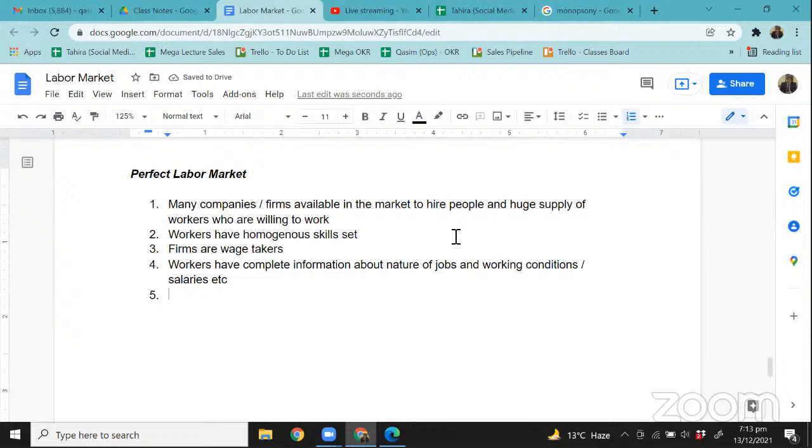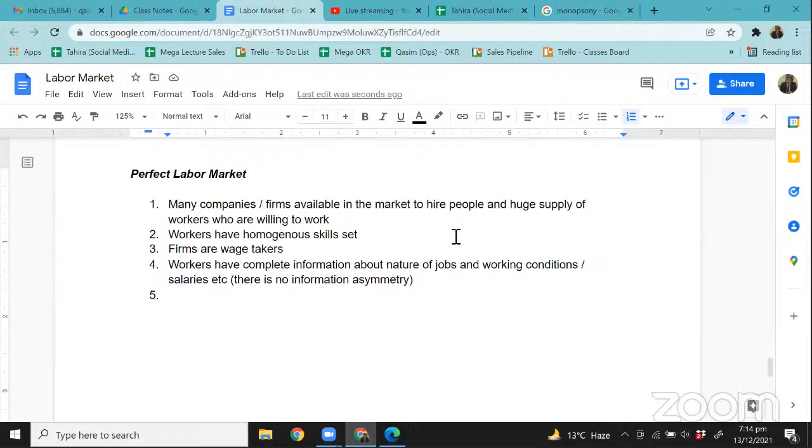So there's no information gap. There is no information asymmetry. It's not that workers do not know. Workers do know what all the different jobs available are where they can apply, what type of working conditions they can expect when they apply to a certain job, how much salary they can expect to earn when working with different companies, and stuff like that. So workers have complete information.